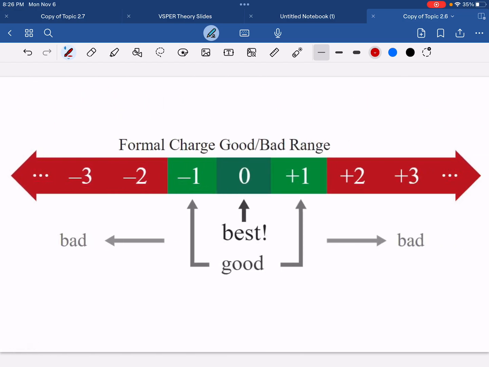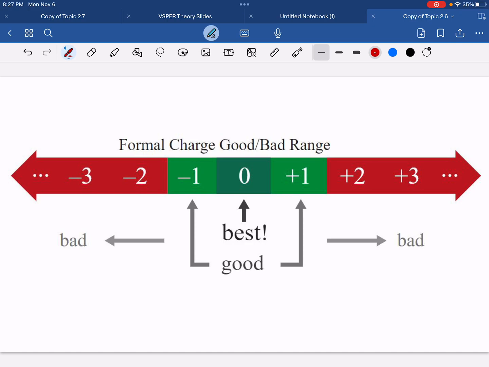All right, so if we're talking about formal charges, where the good-bad range is, 0 formal charge on any atom is the best. It's fine if you have a +1 or a -1. A -1 is good, especially if it's an electronegative atom. If you start getting into the -2, -3, or +2, +3 range, that is not the best Lewis structure.